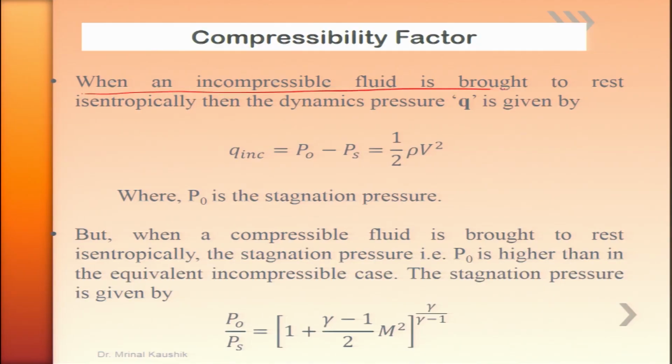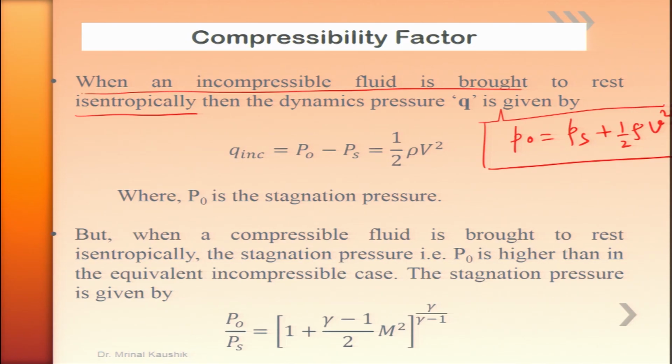Let's say the first situation is when an incompressible flow is brought to rest isentropically. We know from the incompressible Bernoulli equation, from the fluid dynamics point of view, P naught is P static plus half rho V square, neglecting any height change, that is without incorporating the potential energy term. For our aerospace applications, the potential energy term is ignored.